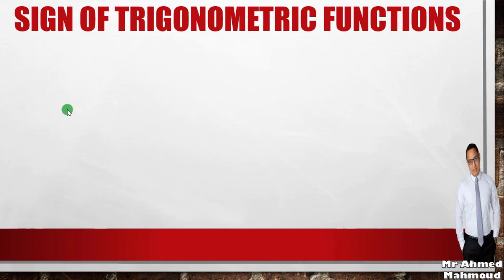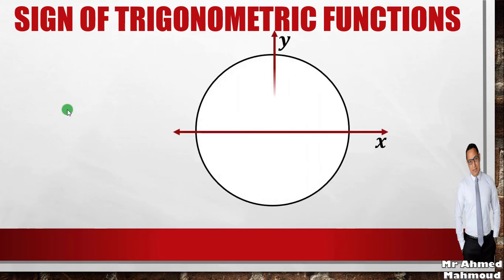The sign of the trigonometrical functions according to the 4 quadrants: the first, the second, the third, and the fourth quadrant. Okay, how can we know the sign of the function without evaluating this function? Now remember with me the unit circle.